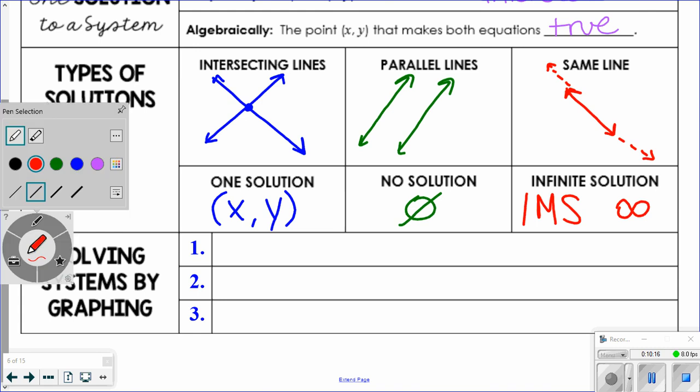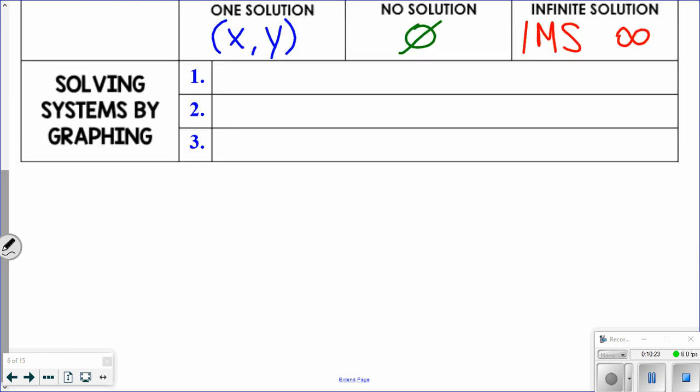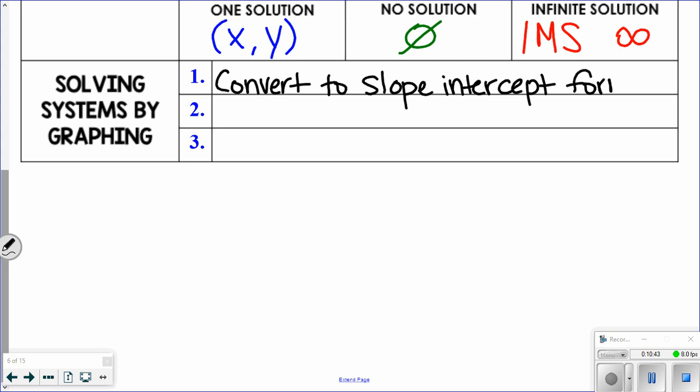So let's walk through the steps to solve systems by graphing. Step 1 is to convert to slope-intercept form, which is solving for y, so y equals mx plus b, and this is only if necessary.